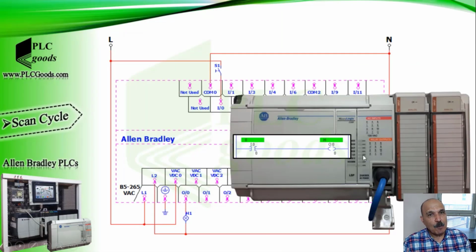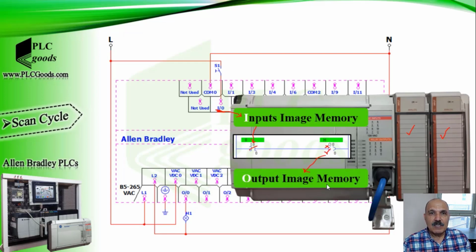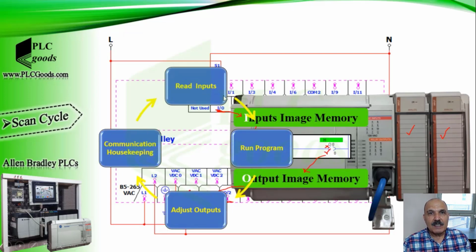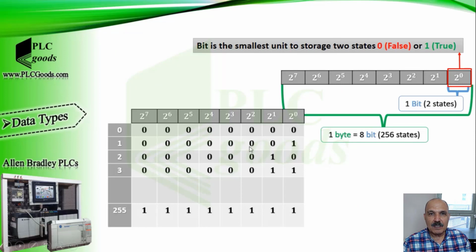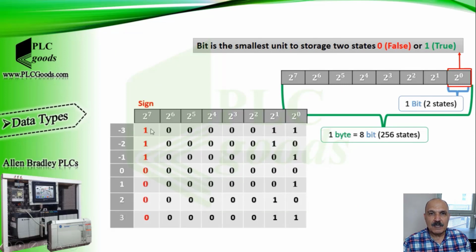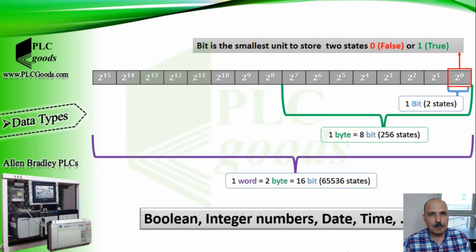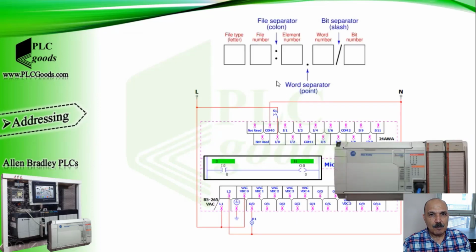In video lesson number 2, I discuss PLC ideas, including scan cycles, data types, and addressing. I show the creation of a simple industrial circuit using a PLC, explaining how the PLC processes inputs and controls outputs.